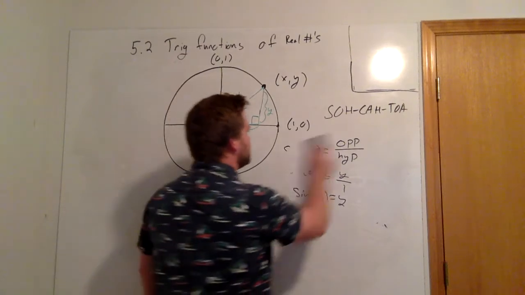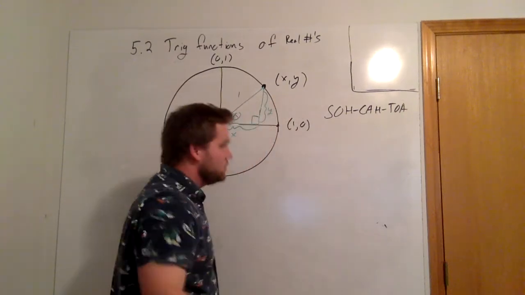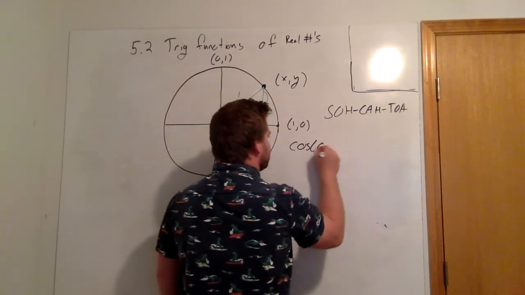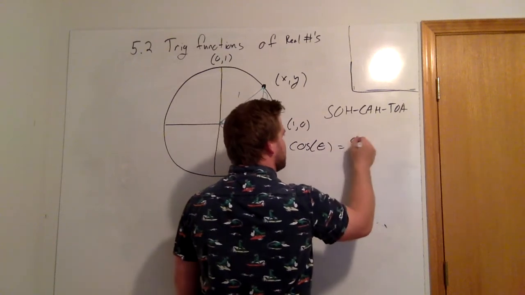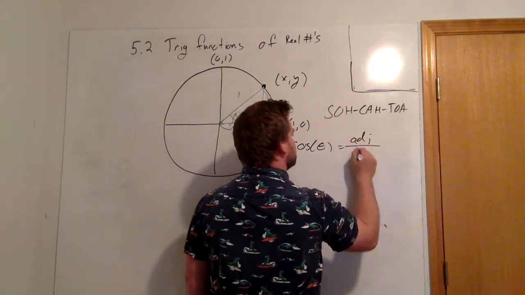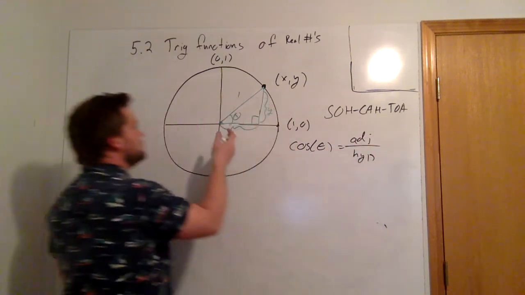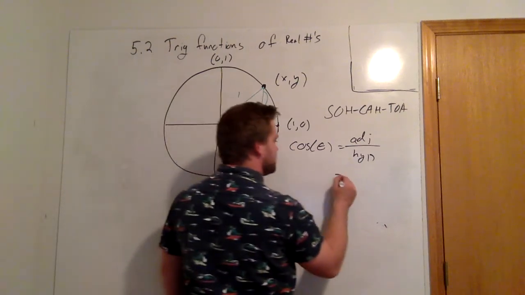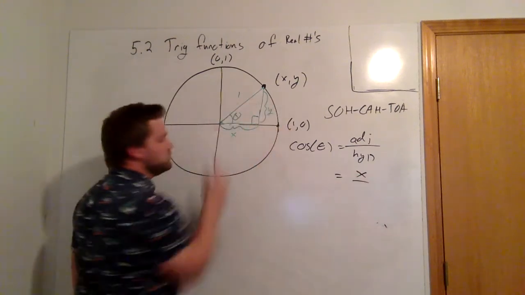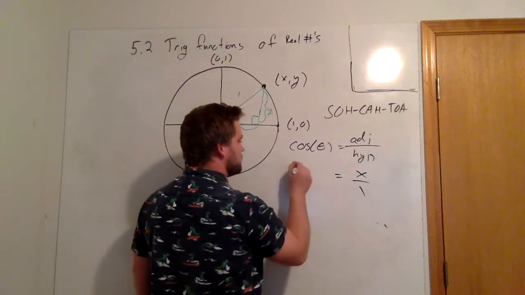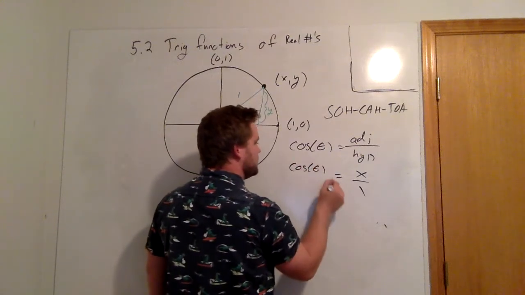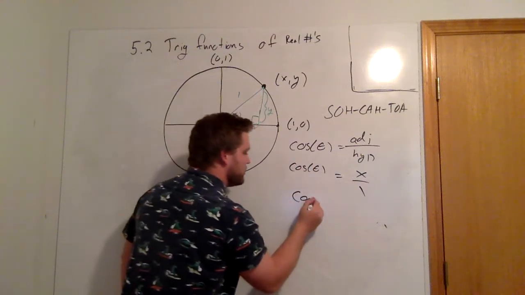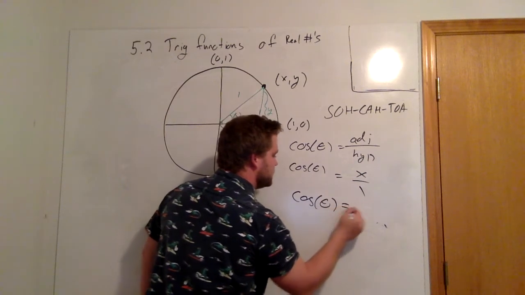Beautiful. What about cosine? Cosine of theta is adjacent over hypotenuse. If we look at the unit circle here, the adjacent side is x, and the hypotenuse is 1. So the cosine of theta is x over 1, or the cosine of theta is equal to x.